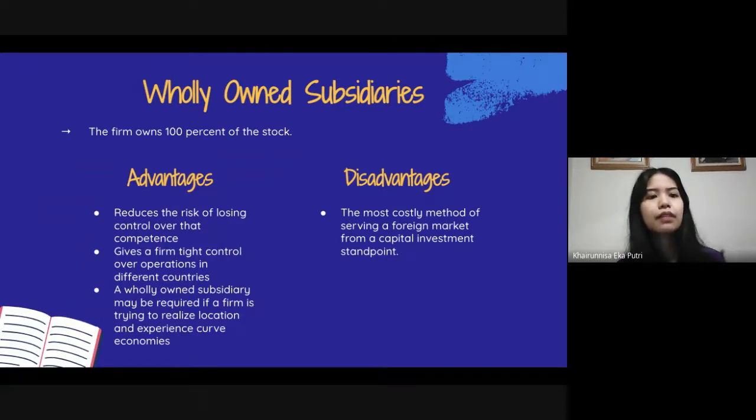Third, a wholly owned subsidiary may be required if a firm is trying to realize location and experience curve economies. The disadvantage of wholly owned subsidiaries is that it is the most costly method of serving a foreign market from a capital investment standpoint.